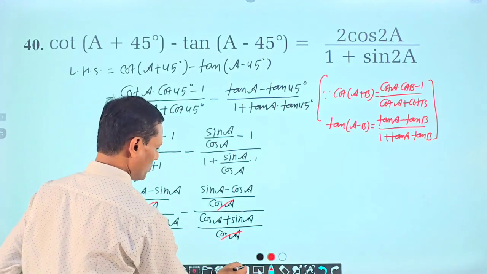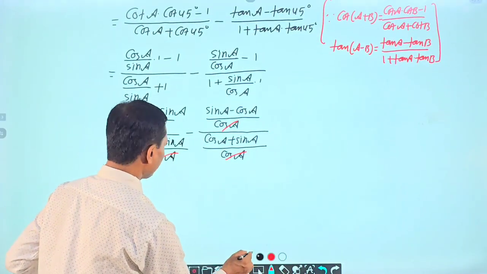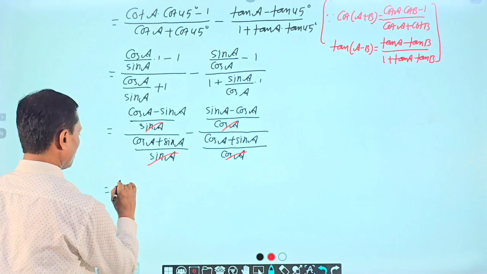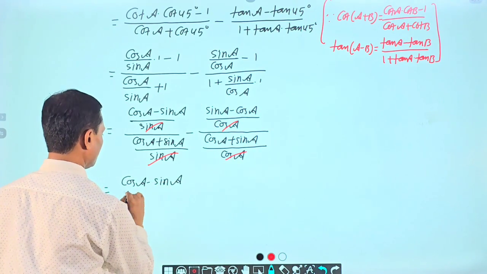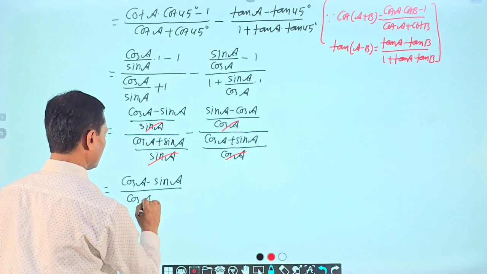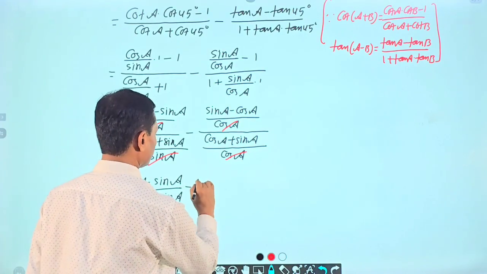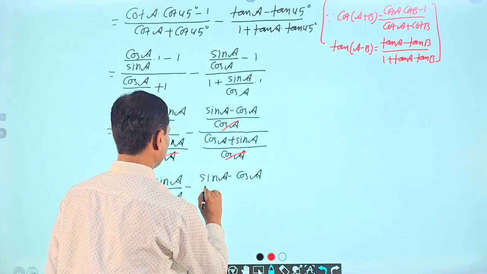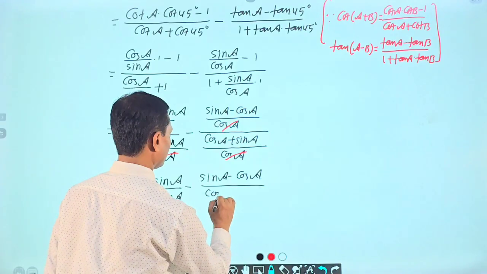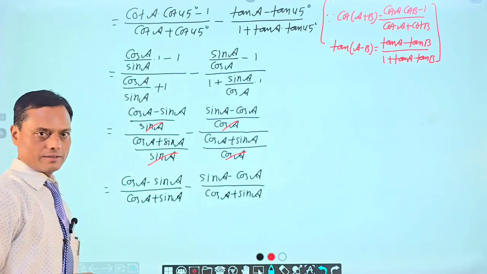So the remaining parts we have here, look, the remaining part we have here cos A minus sin A over cos A plus sin A, minus sin A minus cos A over cos A plus sin A. Clear?